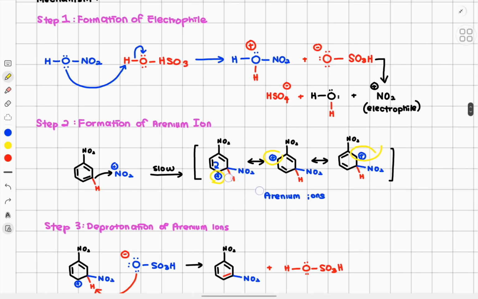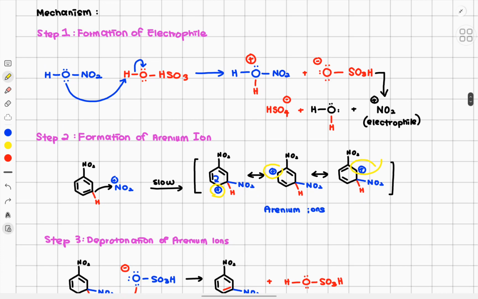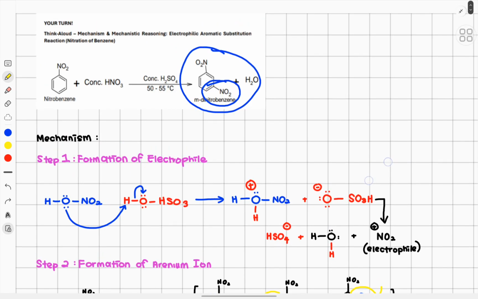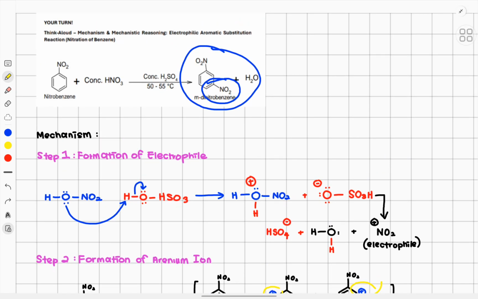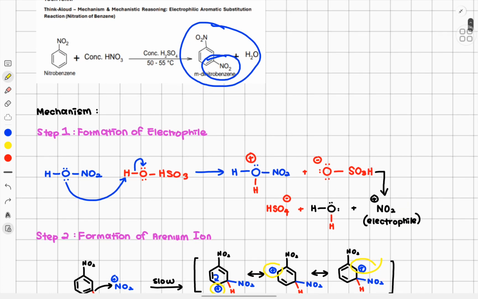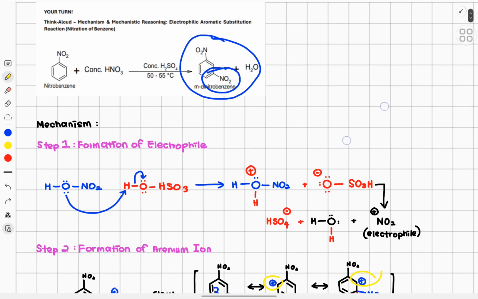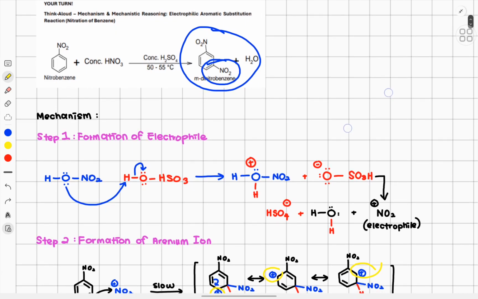So basically, in conclusion, for the formation of the electrophile, the most important thing here is that we need to form the electrophile. The tip here is to always remember that an electrophile is always an acidic compound, carbocation, cations or Lewis acids.